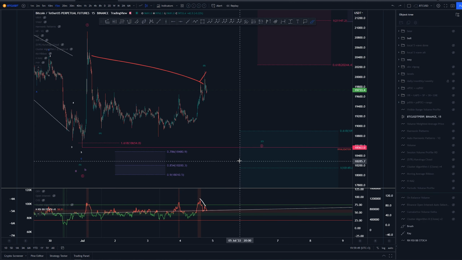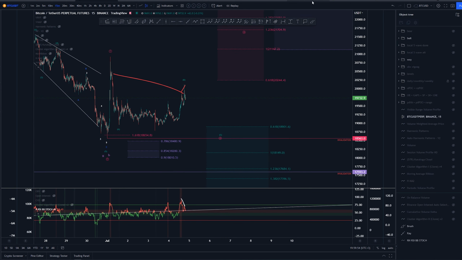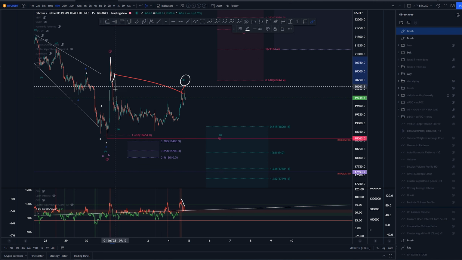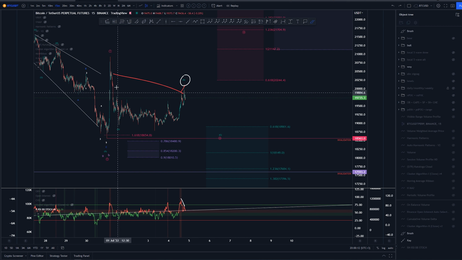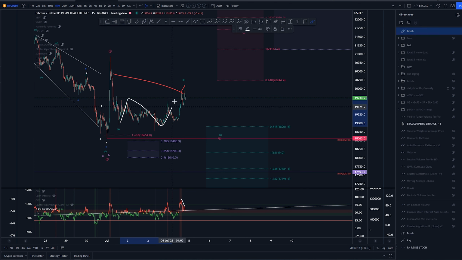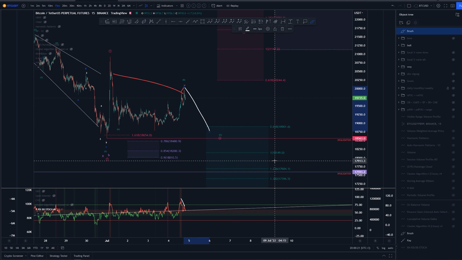Now at the moment, it is very challenging to say that this is indeed still a wave 2. I don't have any way to end it here at the moment, so I still have to say that this is indeed a wave B. This definitely looks like a 5-wave structure coming down here, so that's why I labeled this as an A. Then some kind of 3-wave structure in here into a B, and then we would be looking for 5 waves downwards.